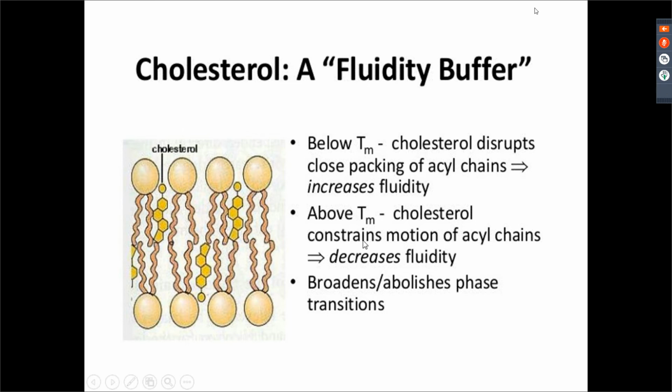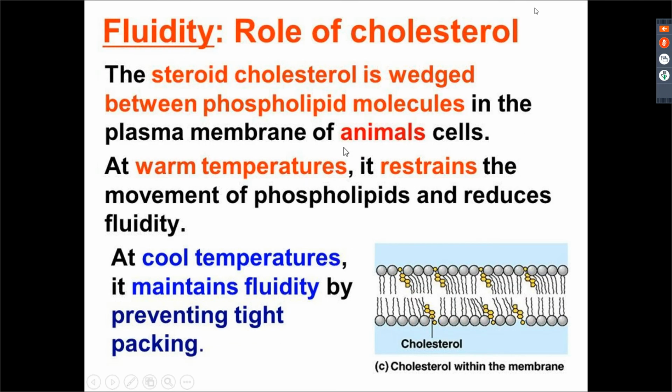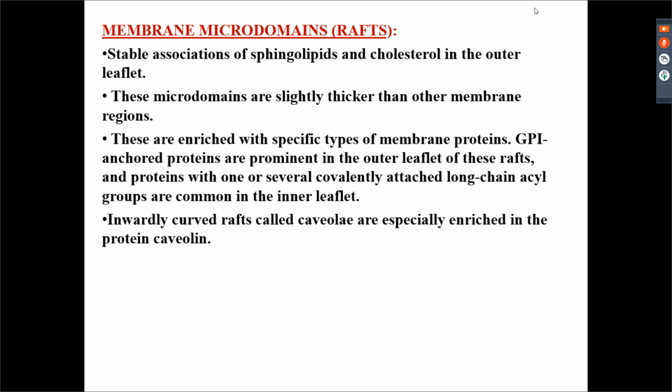On the other hand, when the temperatures are high, cholesterol prevents the motion of acyl chains, preventing the membrane from becoming too fluid. Okay, so cholesterol is preventing the membrane from becoming too brittle or too fluid, and therefore cholesterol is called a fluidity buffer. This slide again is telling the same thing.